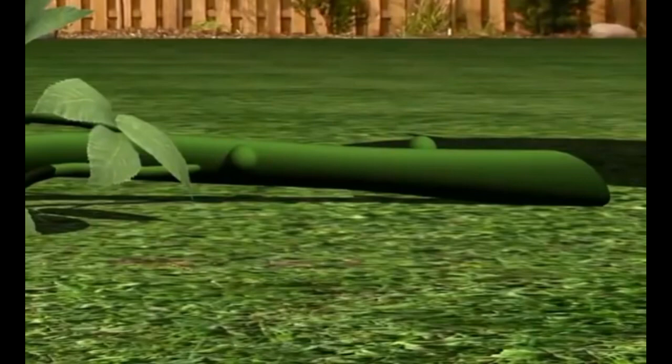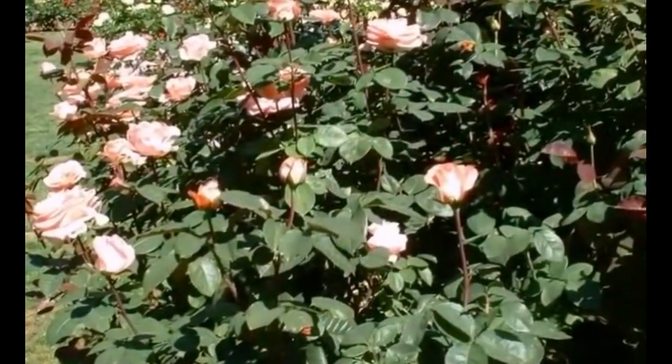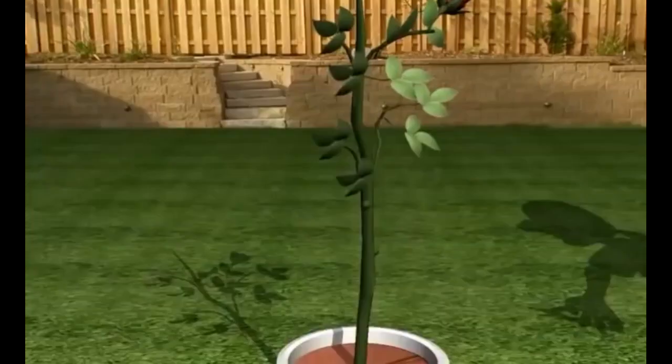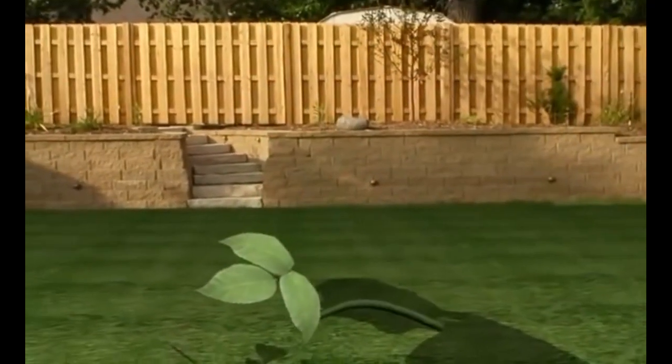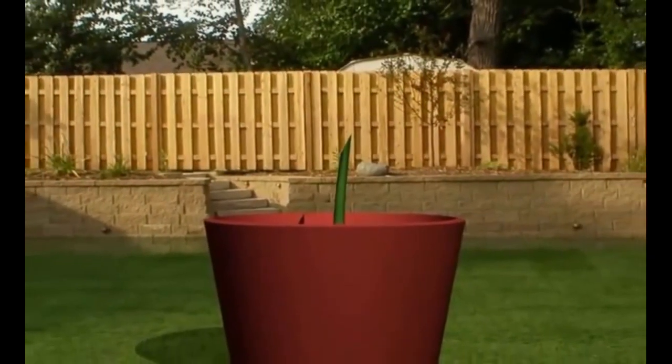Stem cutting is commonly used for propagation of grapes, rose, sugarcane, etc. In this method, a cutting of the parent plant, stem or shoot, having some buds on it is taken, and its lower part is buried in moist soil.